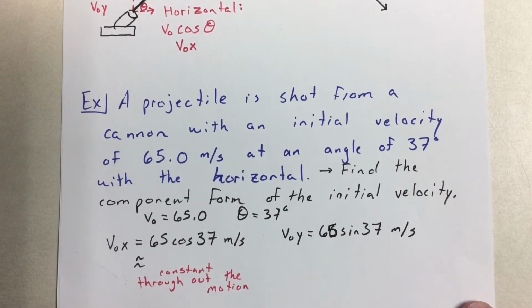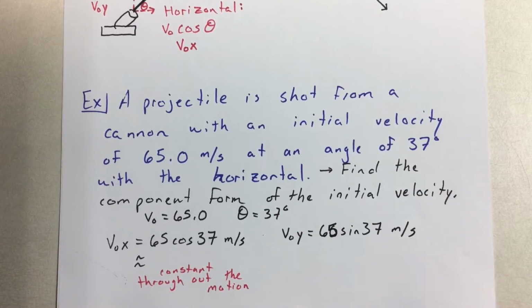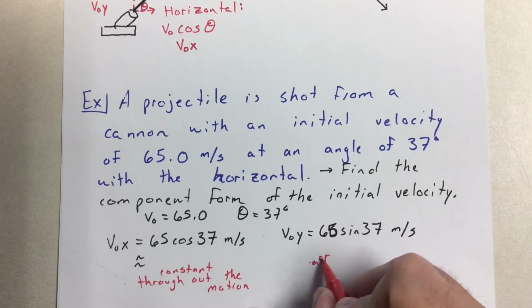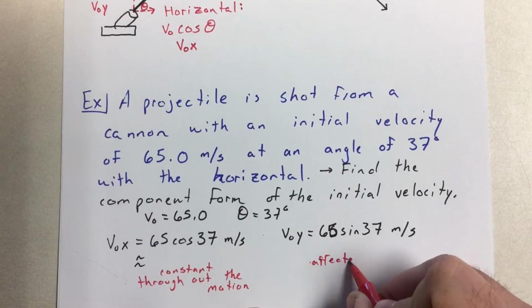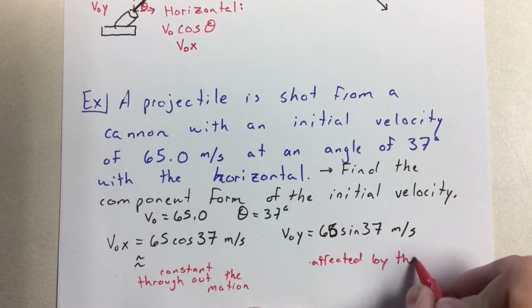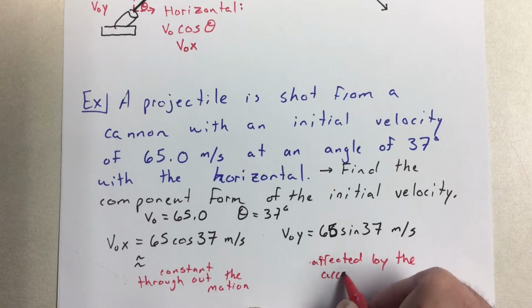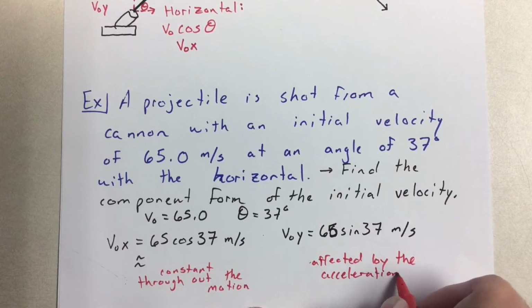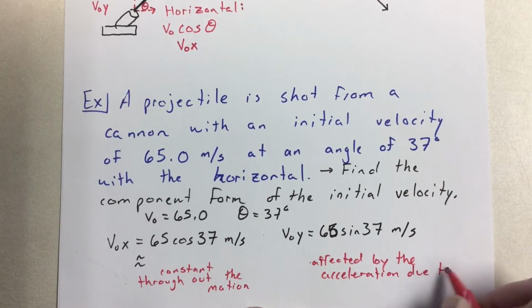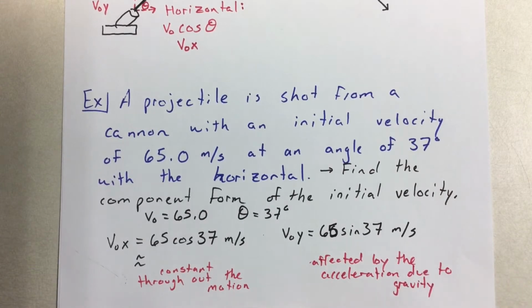Whereas the y component of the velocity is affected by the acceleration due to gravity. Okay, and there are equations that we have in physics, but again, this is just a little taste of the very beginning of a physics problem, how we can apply vectors to it.